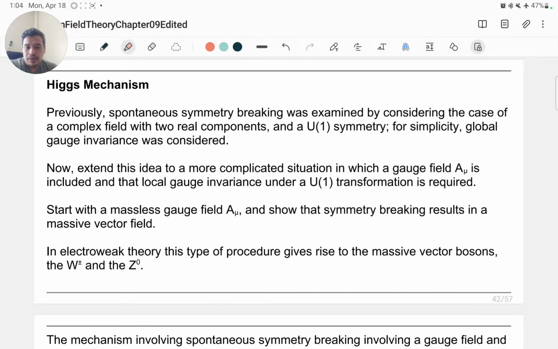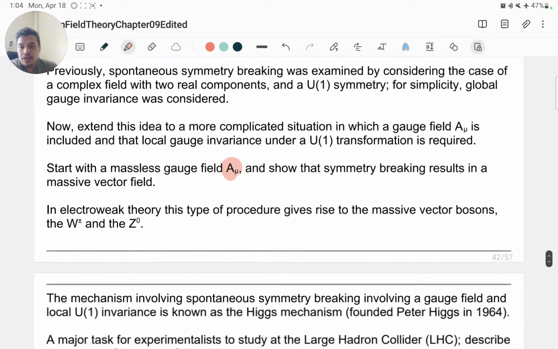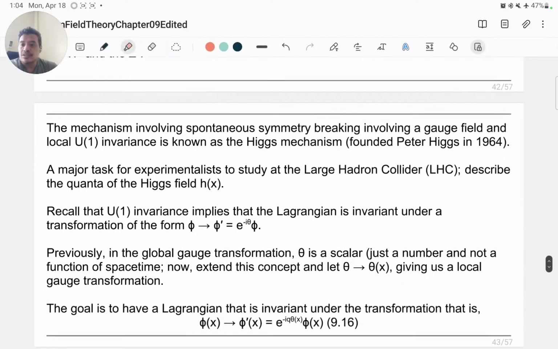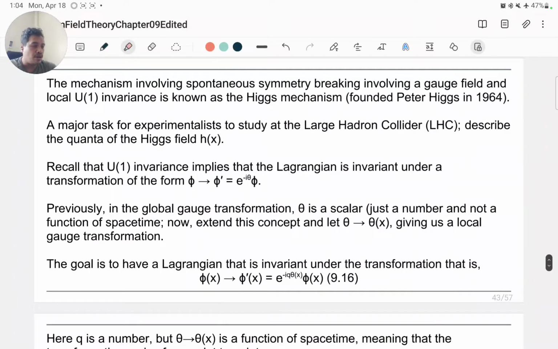So here in this particular discussion, we consider a massless gauge field A mu, and we will show that symmetry breaking results in a massive vector field. And of course, this is done in getting the mass terms for the W and Z bosons later on in the electroweak theory discussion, which is just the next lecture after this.